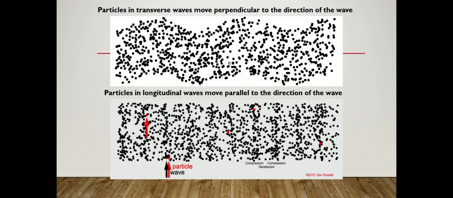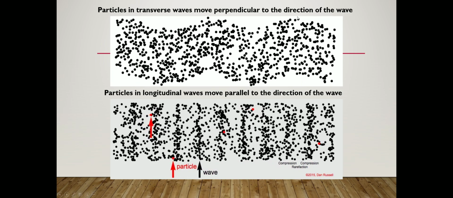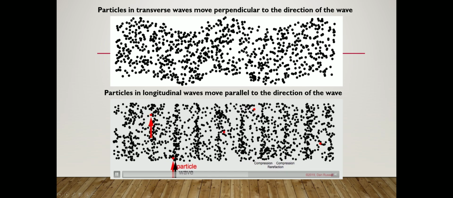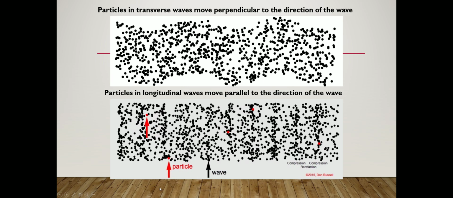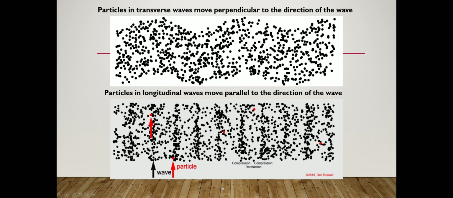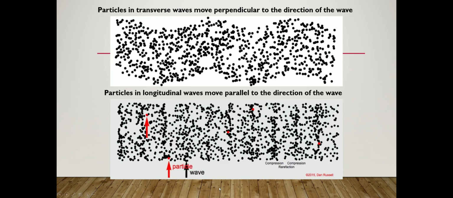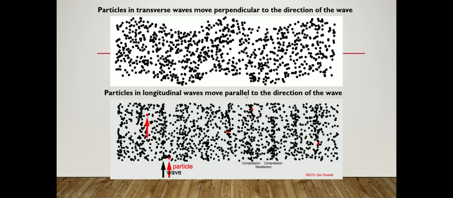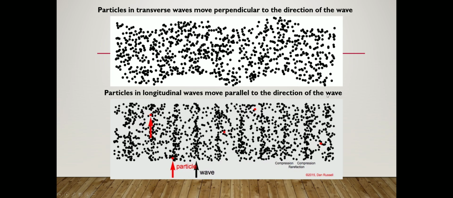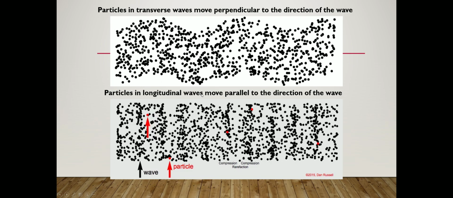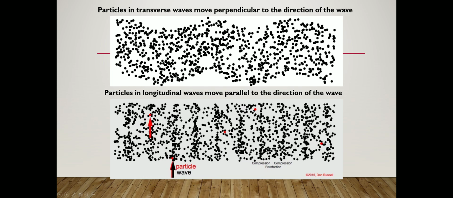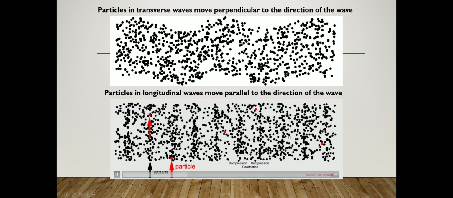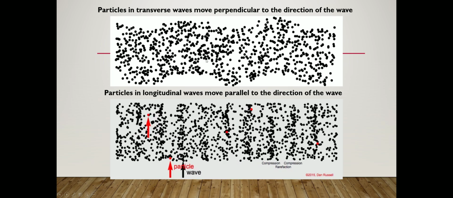In longitudinal waves, as the wave moves to the right, the particle just moves back and forth. So particles in longitudinal waves move parallel to the direction of the wave, while particles in transverse waves move perpendicular. Parallel, perpendicular.